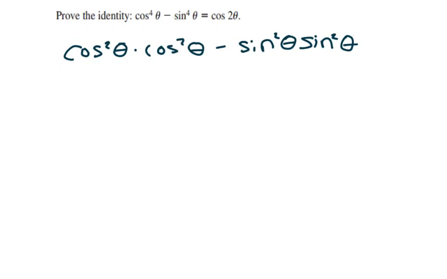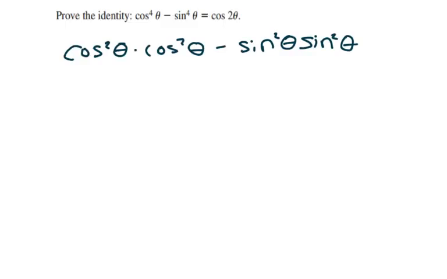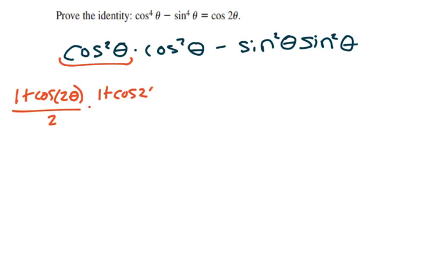And so what we can do with that then is go ahead and rewrite our cosines and our sines as our previous identities here, the power-reducing identities. And so cosine squared is going to be rewritten as 1 plus cosine of 2 theta over 2 times another 1 plus cosine of 2 theta over 2.